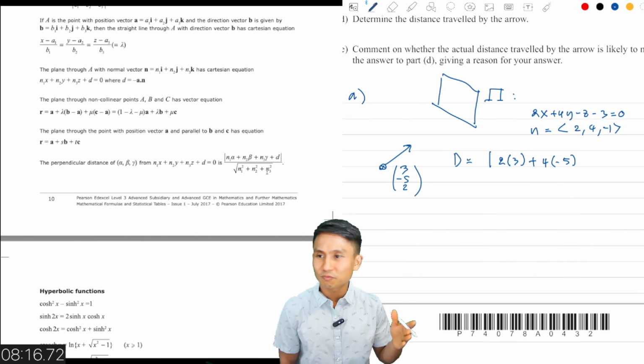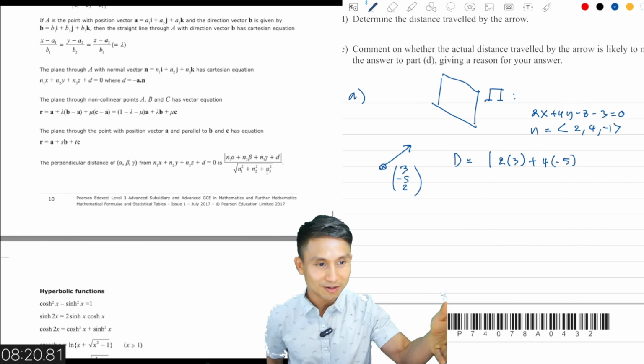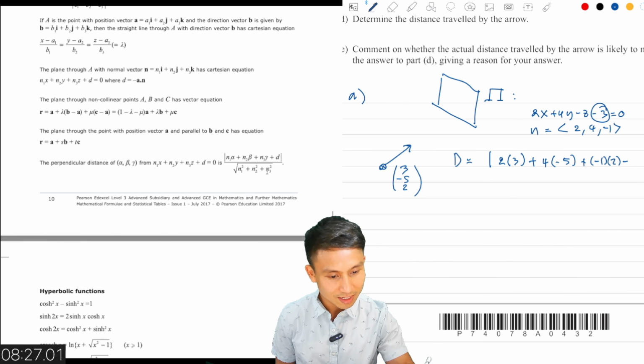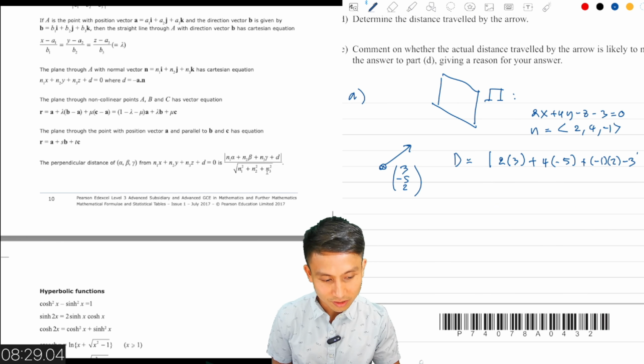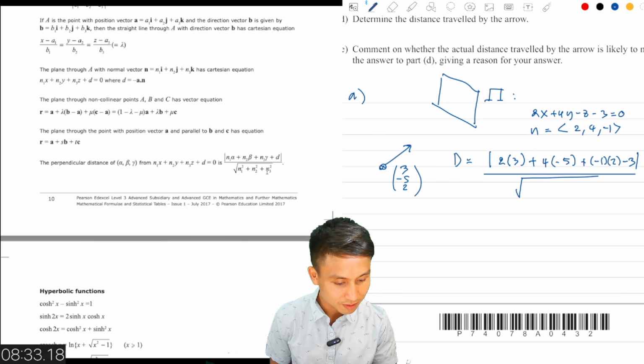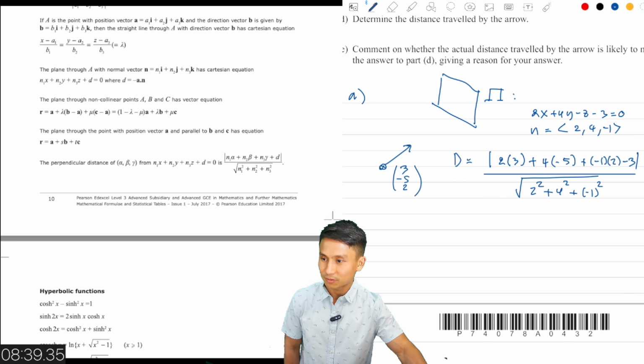Basically similar to a dot product between the normal and the point, and then you must add the minus d too, right? And then here is minus 1 times 2, and then the minus d here is plus minus 3, all divided by the Pythagoras of the normal vector, 2 squared plus 4 squared plus minus 1 squared, like that.